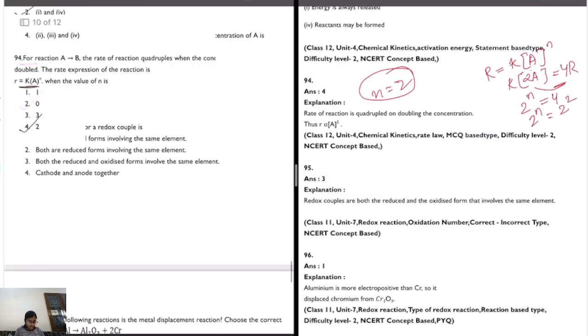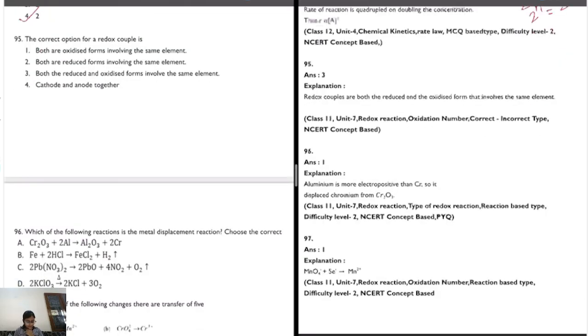In the next question, the correct option for the redox couple is, what is the redox couple first? See, in this, one element is written in this way, and it has one oxidation state which is more and one which is less. Therefore, it can be reduced as well as oxidized. For example, a redox couple can be this.